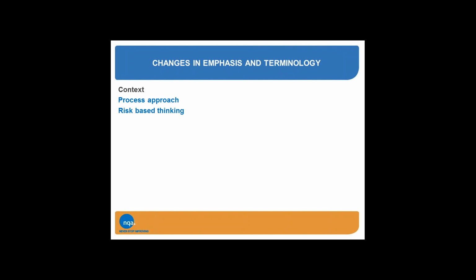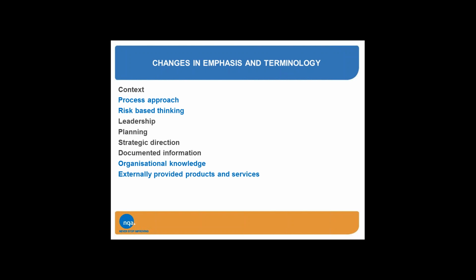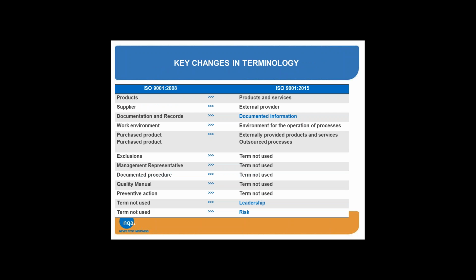These are in blue here because they're very important in 9001. Leadership, planning, strategic direction, documented information. These are themes that come to us from Annex SL, and hence they're in black text here. Organizational knowledge, externally provided products and services. These are terms that are very important in the 9001 2015 standard.